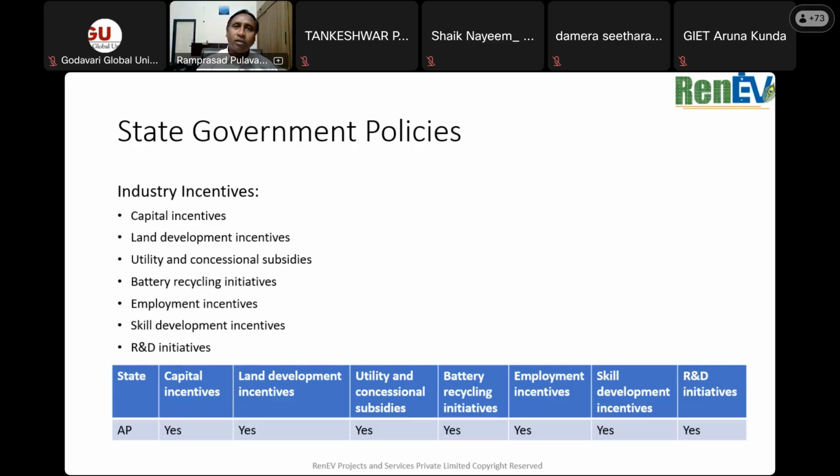Suppose, for example, training students on electric vehicles or training students on design of electric vehicle components. Then there are also R&D initiatives, meaning incentives for R&D. Some special programs are there wherein you can submit your initiative and get some incentive from the state government.